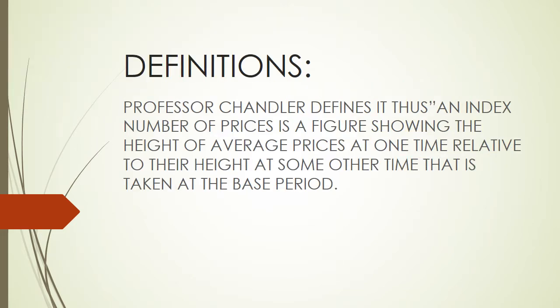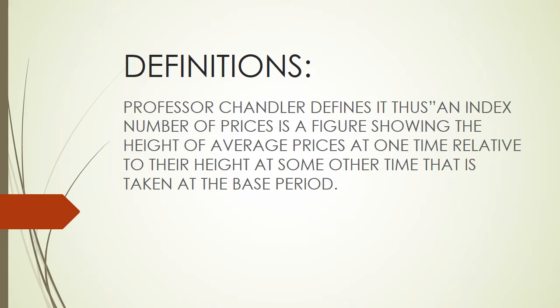Let us go to the definition given by Professor Chandler. He defines it thus: an index number of prices is a figure showing the height of average prices at one time relative to their height at some other time that is taken as the base period. I gave the example of a book in 2020 and in 2015.